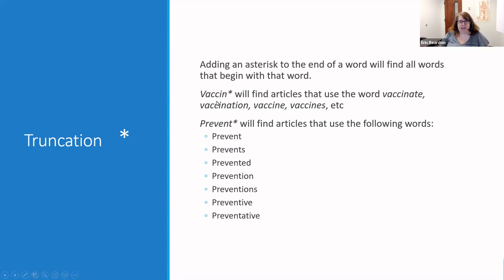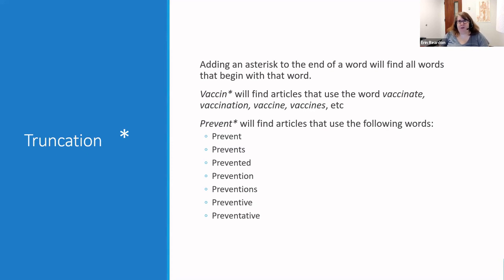So if I take the word vaccine and put an asterisk at the end of it instead of the E, it's going to find articles that use the word vaccinate, vaccination, vaccine, vaccines, etc. If you do that with the word prevent, you'll find articles using prevent or prevents or prevented or prevention or preventions or preventative, all those sorts of things.